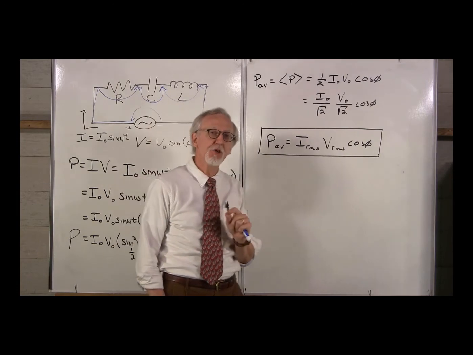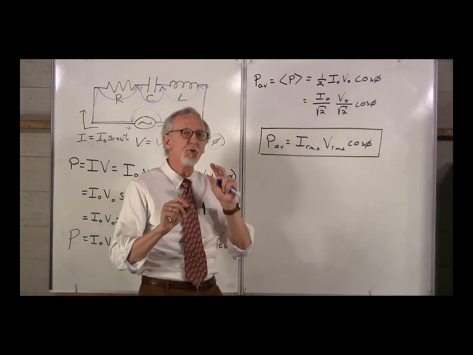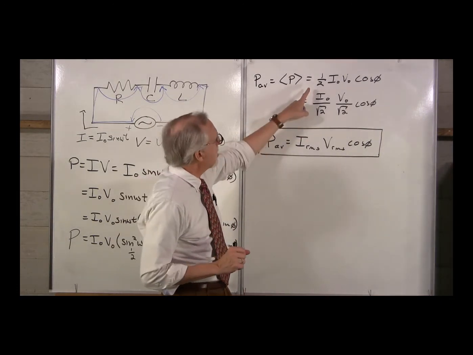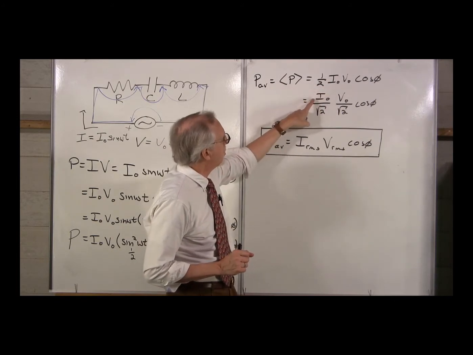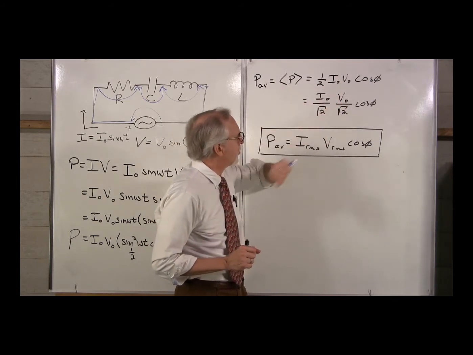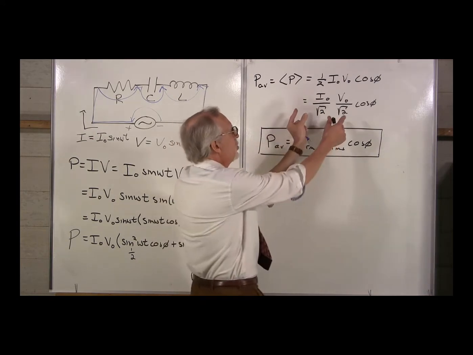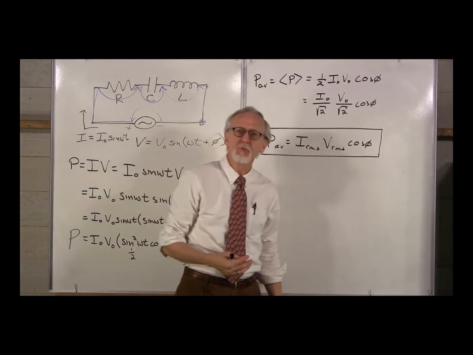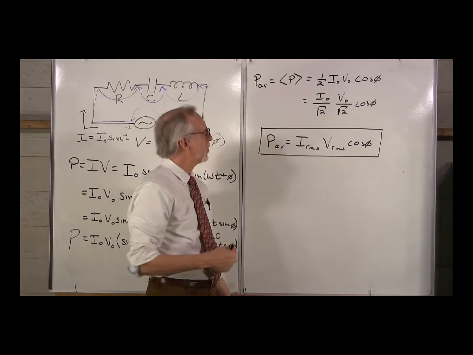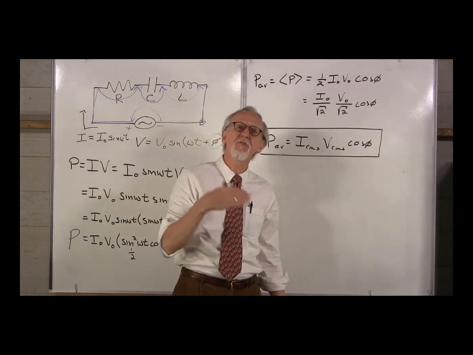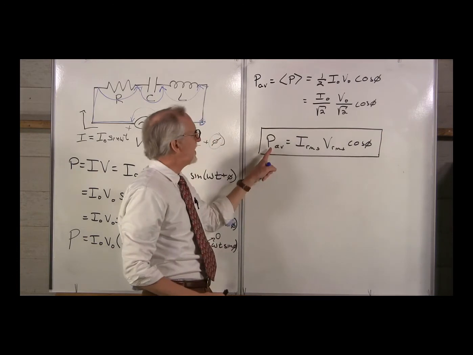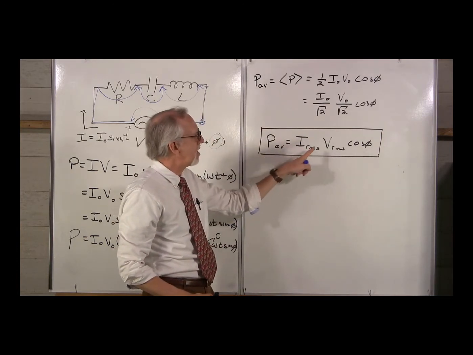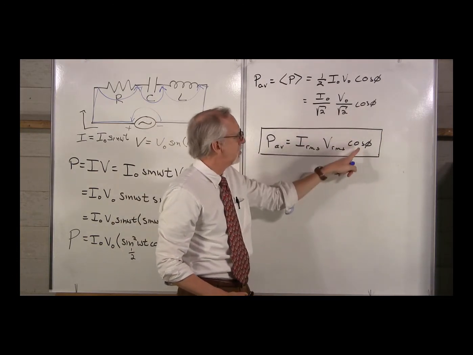If we take that 2 and multiply it as the square root of 2 times the square root of 2, and write it then as I naught over root 2 times V naught over root 2, separating that out into the two parts, one under each one. But then what's I naught over root 2? It's I RMS. And what is V naught over root 2? It is V RMS. So we can write the average power as I RMS V RMS cos phi.